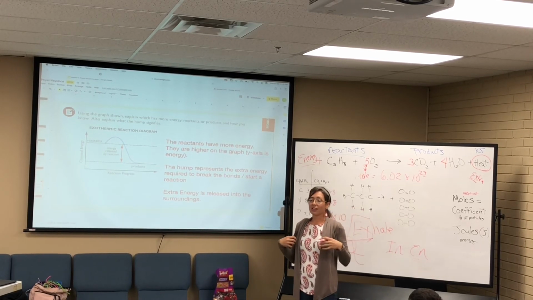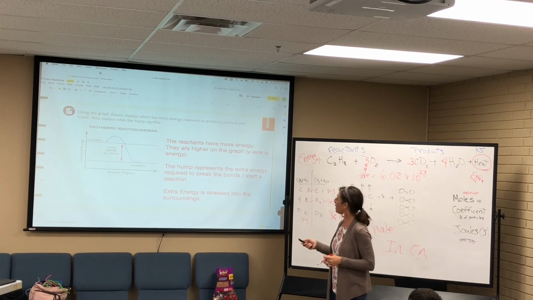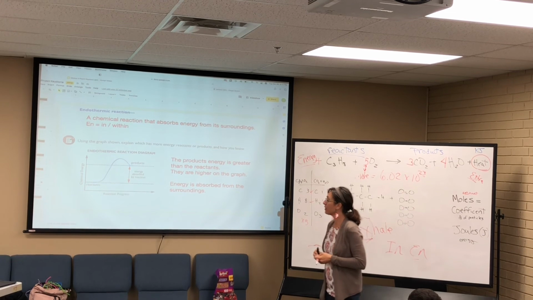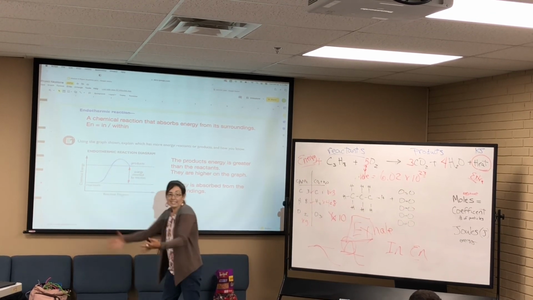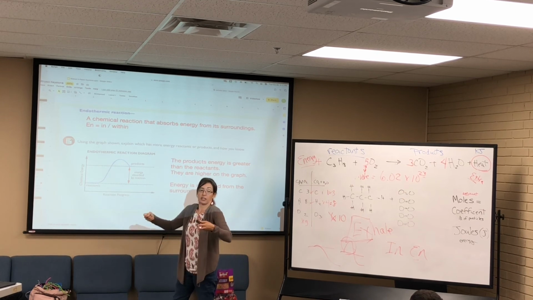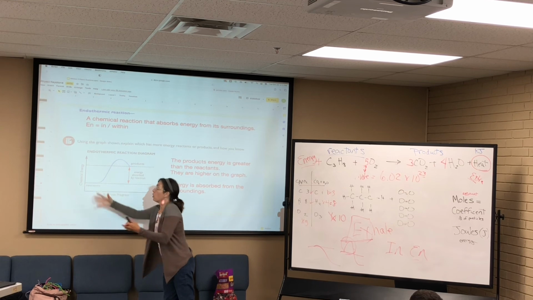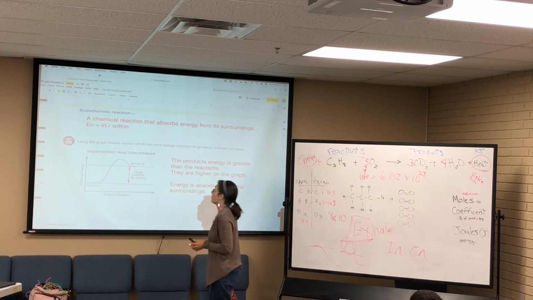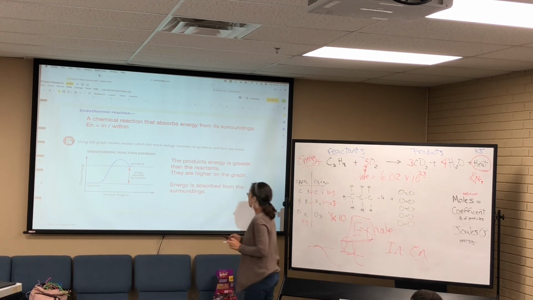It makes action happen. We can act if you're activated in that way. Okay? So then for endothermic, it's going to start low, and it has to inhale some energy to get started. So we're starting with reactants, we're inhaling energy, we're adding it, and then we're ending up with the products. And the difference shows us the energy absorbed by the reaction.